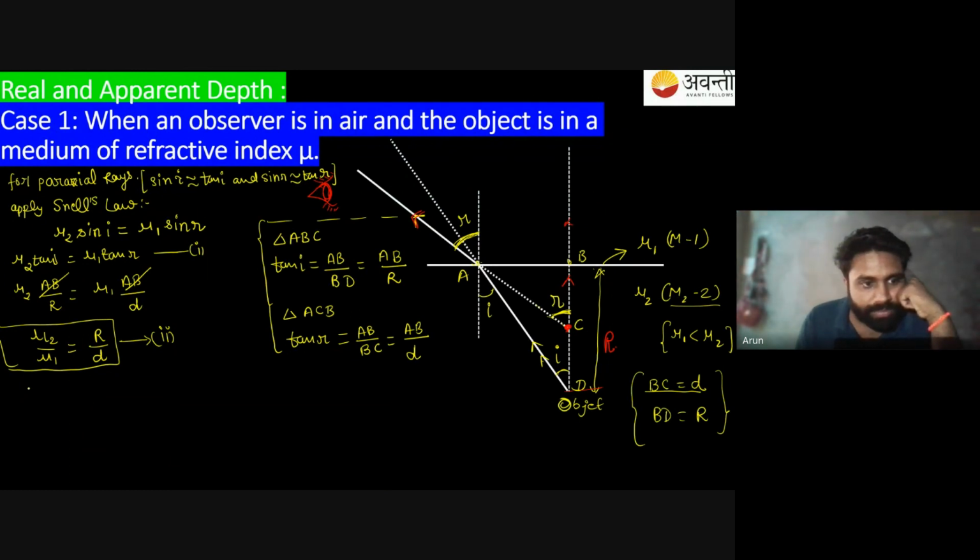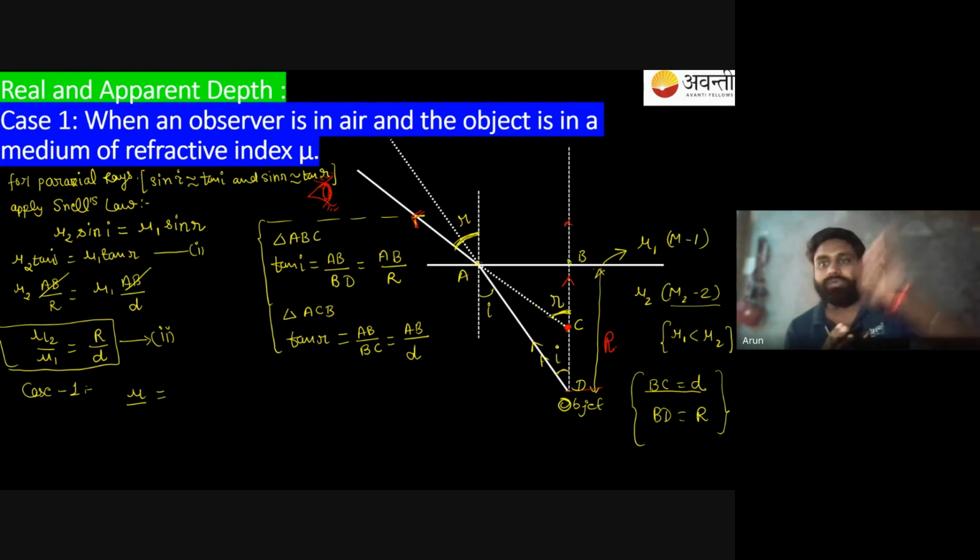So for case 1, this mu2 is considered as mu, divided by mu1. What is this mu1? Mu1 is the refractive index of the medium where the observer is, where the ray is going. Mu2 is the refractive index of the medium from where the ray is coming, and mu1 is the refractive index of the medium where the ray is going.